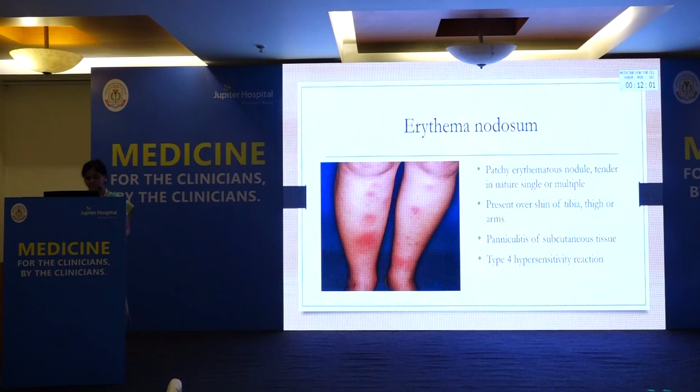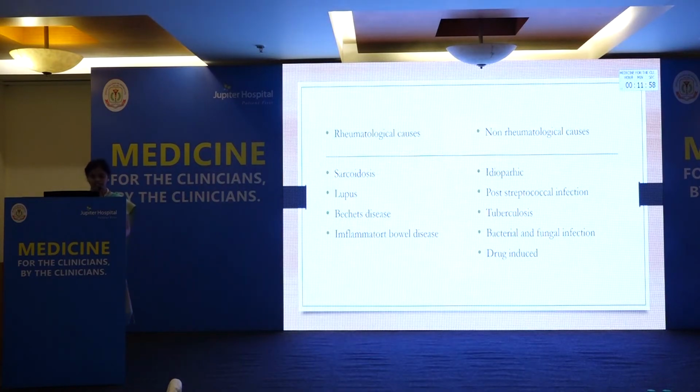It is associated with certain rheumatological conditions. So, I repeat, a rheumatological condition is not the commonest cause for this rash, but yes, it is associated with certain rheumatological conditions like sarcoidosis, lupus, Behçet disease or inflammatory bowel disease.